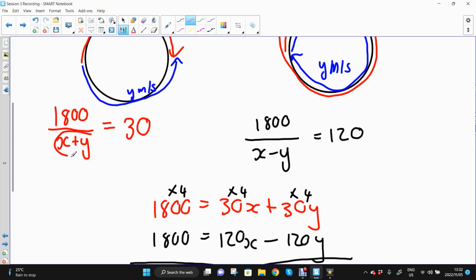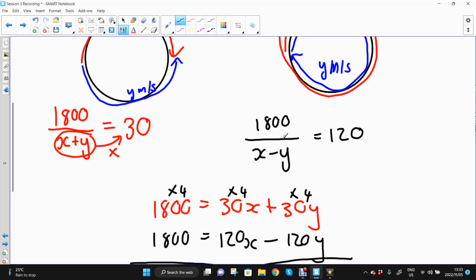So this x plus y is multiplied with 30. Now if I do that, 30 is times by x and 30 is times by y, and then the denominator is gone. So you can see the red equation becomes 1,800 is equal to 30x plus 30y.